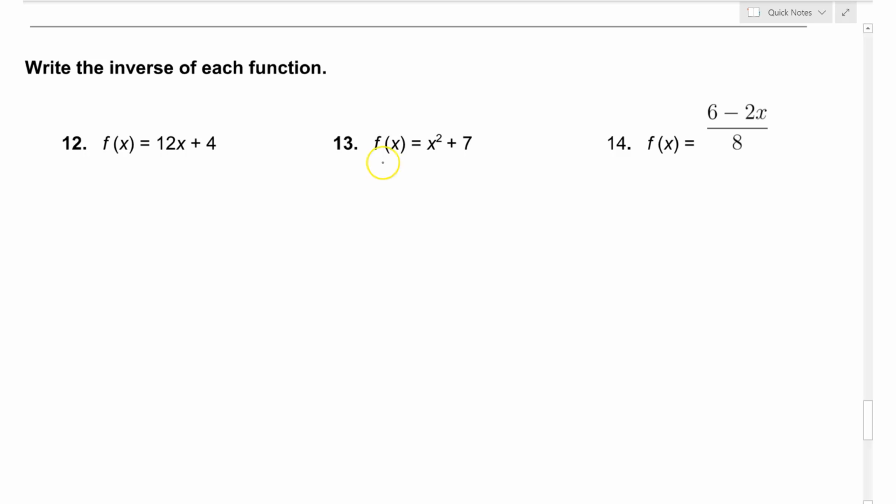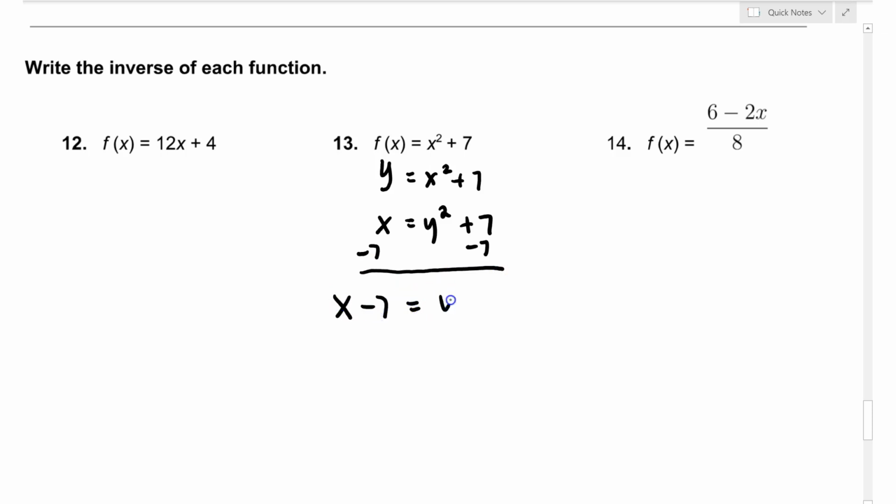So we have y equals x squared plus 7. We have to switch the x and the y. So we have x is equal to y squared plus 7. Subtract 7. So you have x minus 7 is equal to y squared.